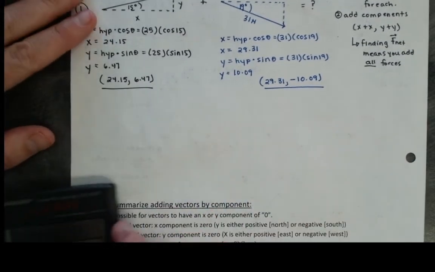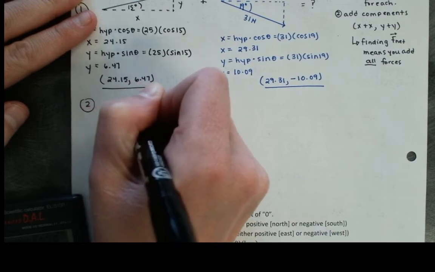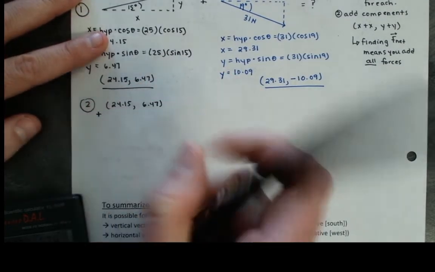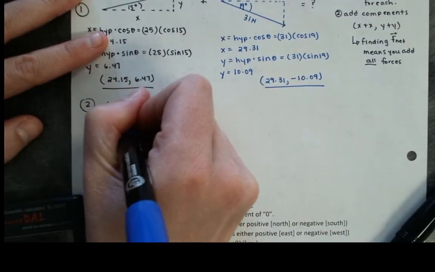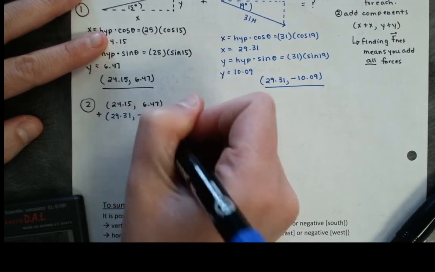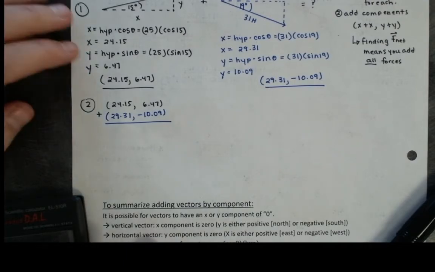So now, step 2: 24.15, comma, 6.47 plus 29.31, comma, negative 10.09, we're going to get an overall force.